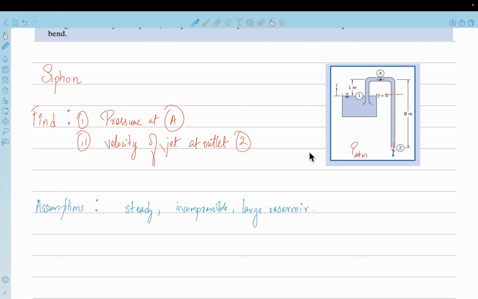Okay, you are saying that we can apply Bernoulli's equation between location 1 and location 2. But remember, we can apply Bernoulli's equation only if there is a streamline that is joining these 2 points, 1 and 2. This is very important.